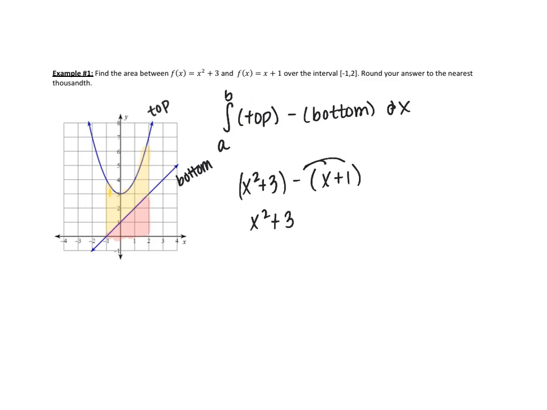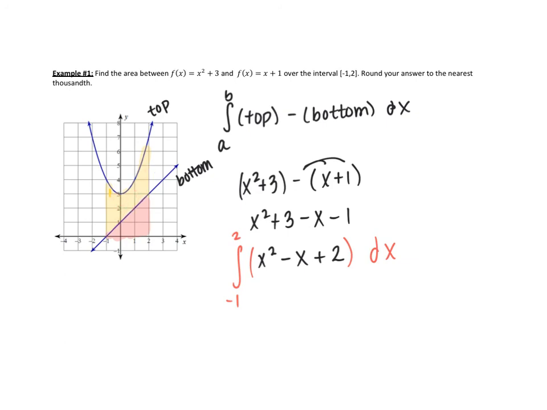So x squared plus 3 minus x minus 1. If we combine like terms, x squared minus x, and 3 minus 1 is 2. And we're going to integrate this from -1 to 2 dx. And that will give you the area between the two curves.